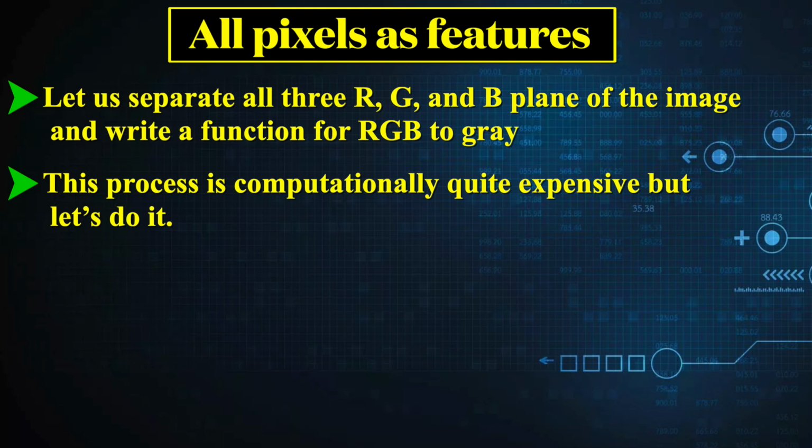Also, by using these methods we can separate R, G and B. You can understand how to separate R, G and B from the function written here for RGB to gray. This process is computationally quite expensive, but we can do it.